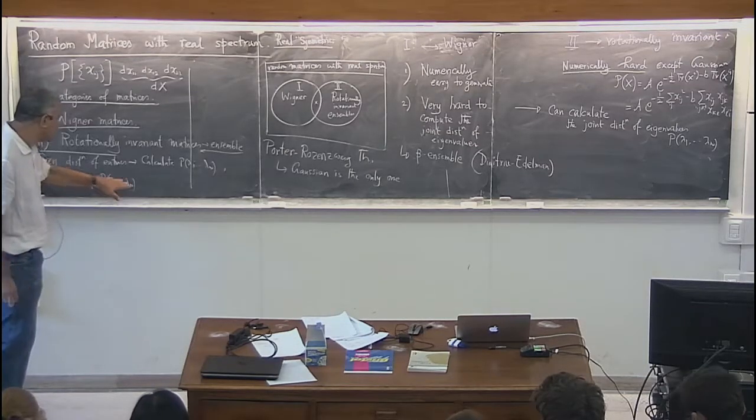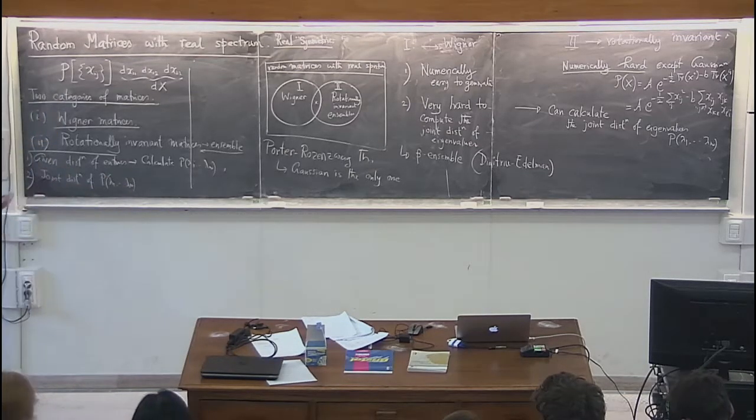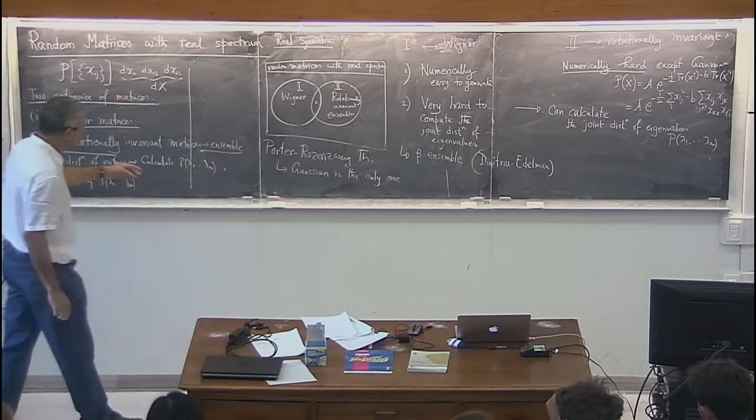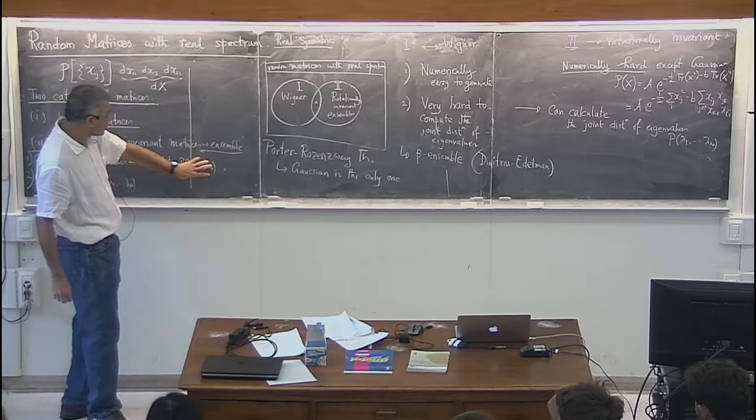easy. Even if I give it to you explicitly, it's like the Ising model. Everybody knows the distribution of the energy of a different configuration in the Ising model, the 3D Ising model, let's say. Okay, but still to calculate, for example, magnetization or any other correlation functions is extremely hard. And same thing here. So there are two steps. One is to first get the statistics of the eigenvalues, the joint distribution.